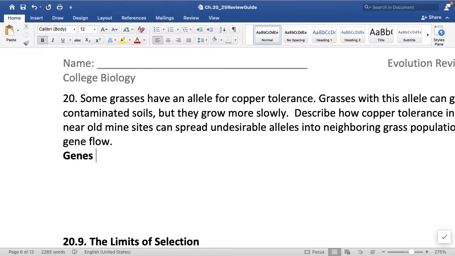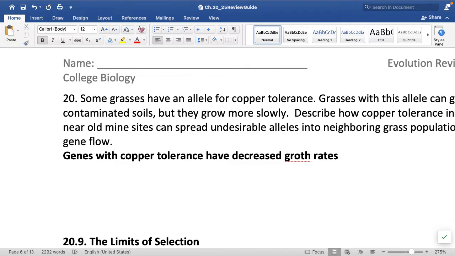So I'm going to say genes with copper tolerance have decreased growth rates in normal soil.